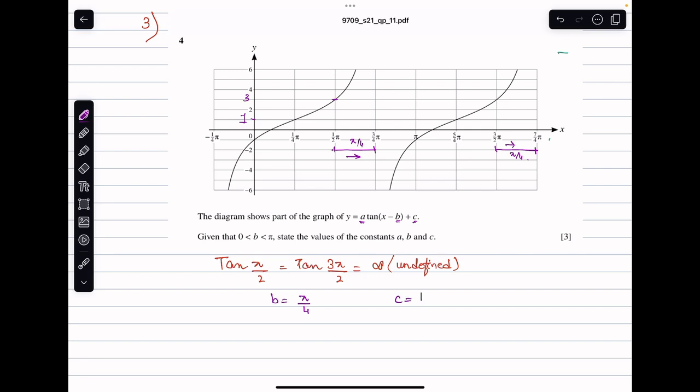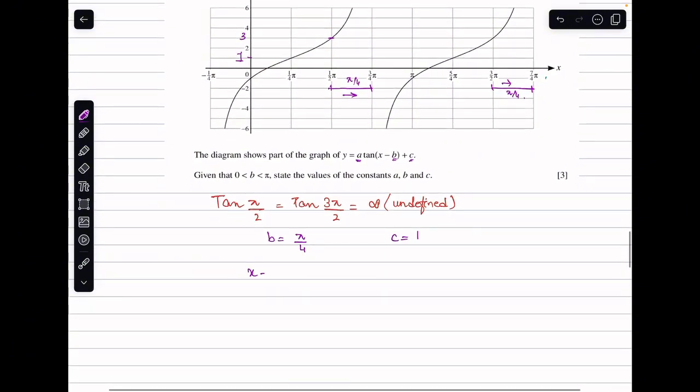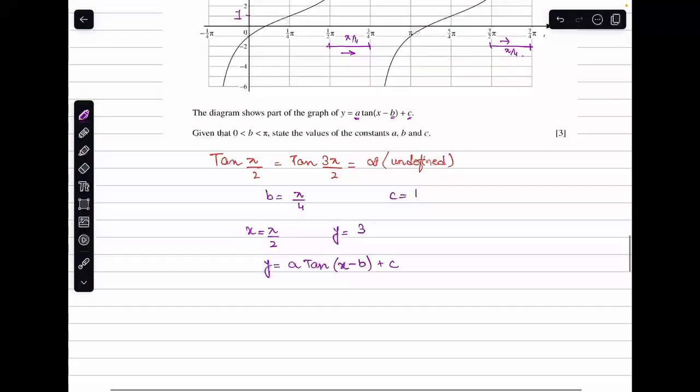I can see here that when x is pi by 2, our y value is 3. So I'll do some simple working here. When x is pi by 2, the y value here is 3, and they have said that y is equal to a tan(x minus b) plus c. I have found the value of b, I have found the value of c as well.